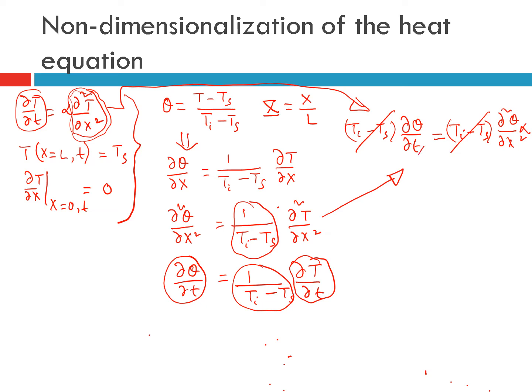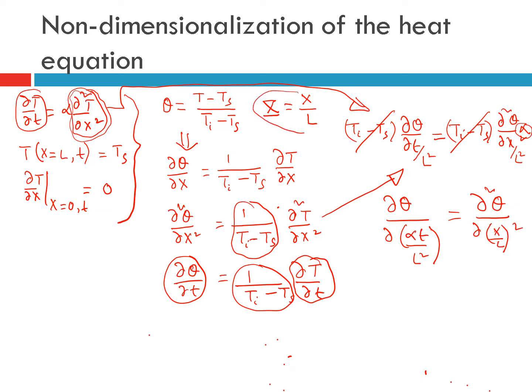We can divide throughout by L square to keep the left hand side and right hand side the same. And so this alpha I bring to the left hand side. So we write del theta over del alpha t over L square is equal to del square theta del x over L square.